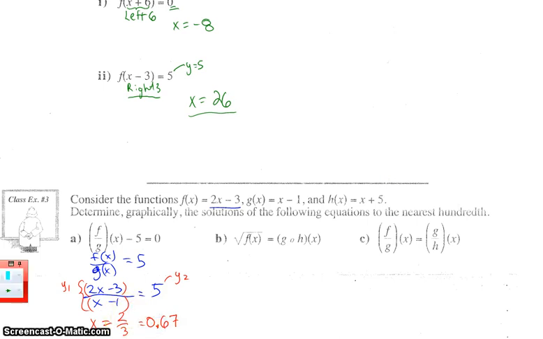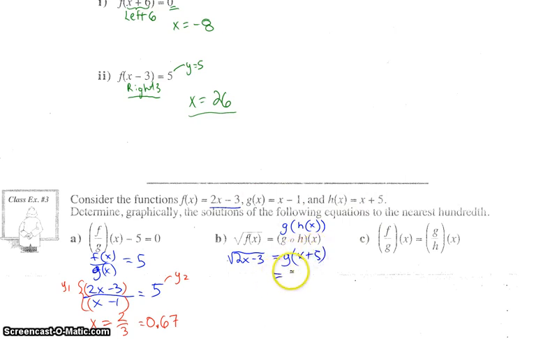Okay, let's look at B. We have the root of f of x. So f of x was 2x minus 3, so we'll write that, equals, and if you recall, that open dot thing is the same as writing g at h of x, which means in the g function, x minus 1, we're going to sub in h of x, which is x plus 5.